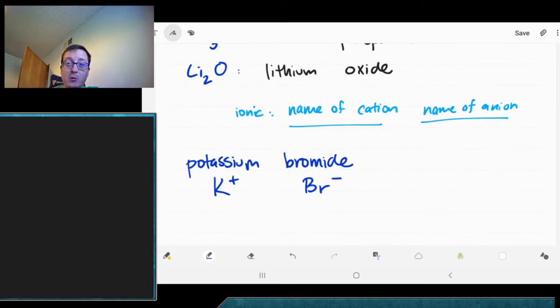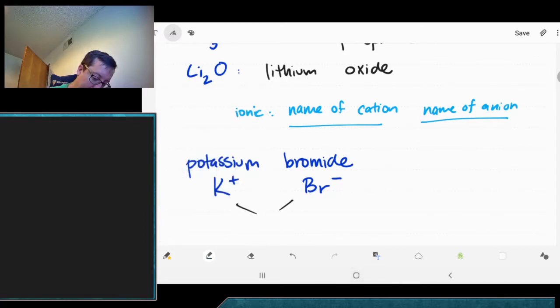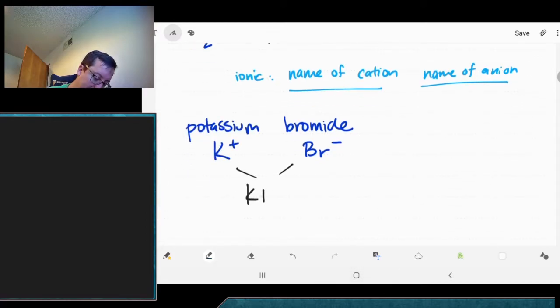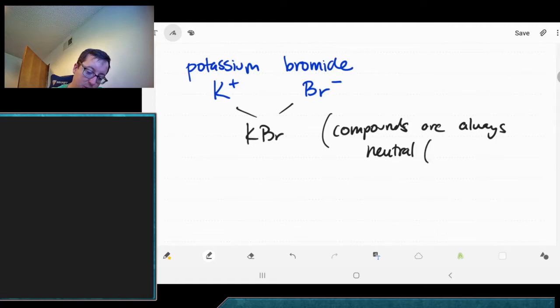So we just need one of each, and the charges will cancel out. And indeed, that is the case. We're going to see they have the same charge, so we can just stick them together. But we're going to see sometimes we need multiples. Important thing to note is all compounds are always neutral. Or one way to describe that is that they are charge balanced.